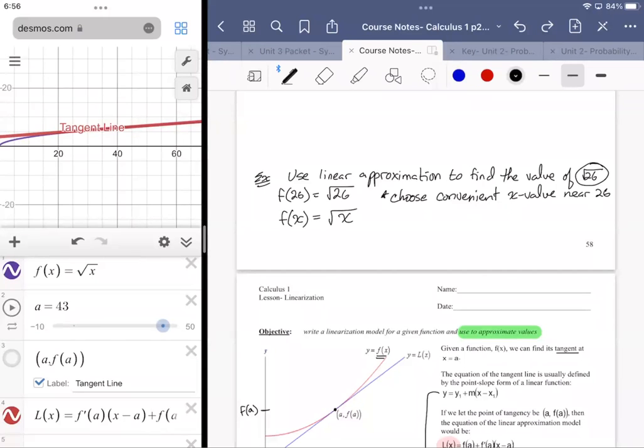So what we do is we back up a step and we say, okay, well, what was it before the 26 was plugged in? It was the square root of some variable. That variable is typically an x. So f of x instead of f of 26 becomes radical x instead of the radical 26.